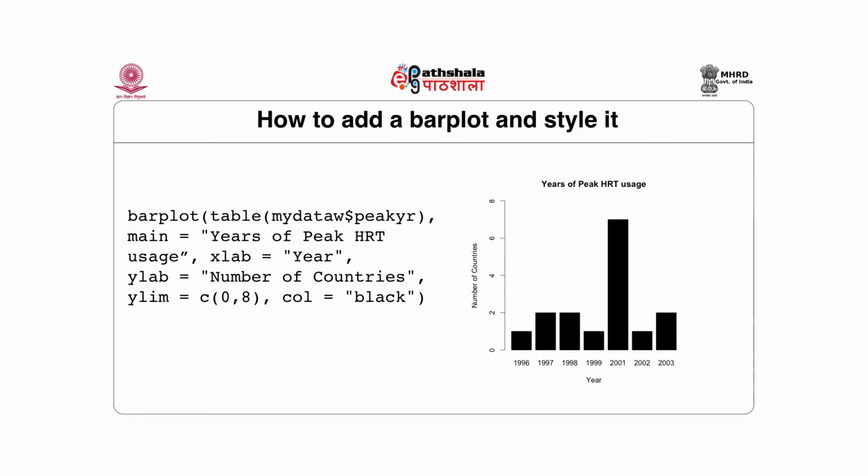X-lab basically stands for the label of the x-axis. So we say x-axis is year. Y-lab stands for the label for the y-axis, and that stands for the number of countries that have reached the peak HRT usage in that particular year.